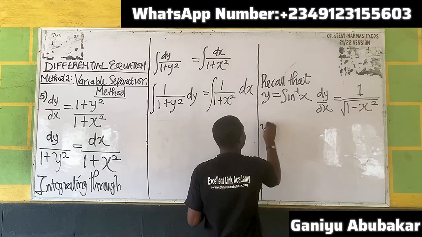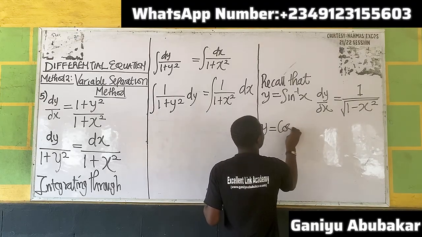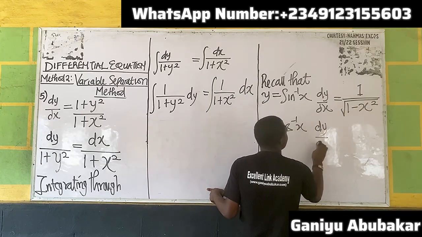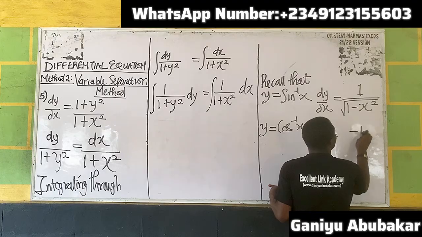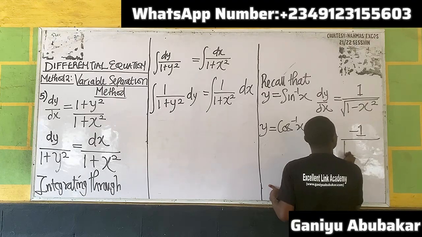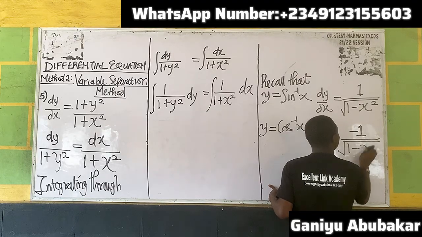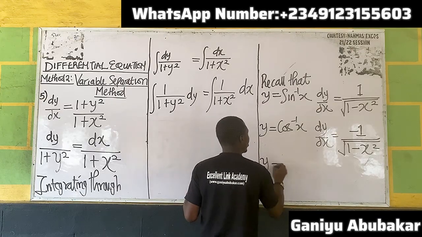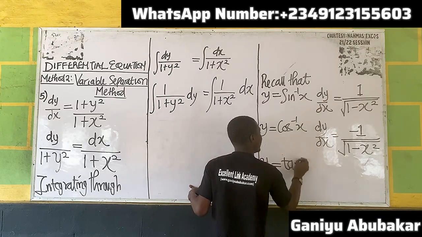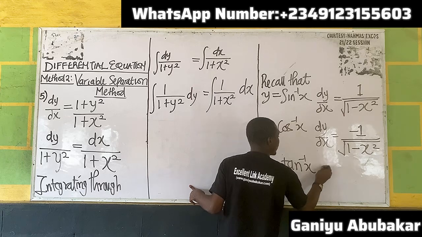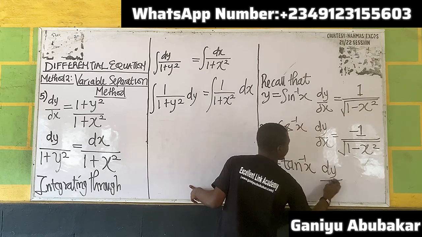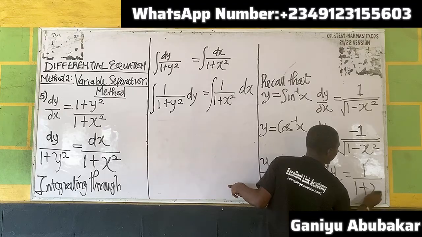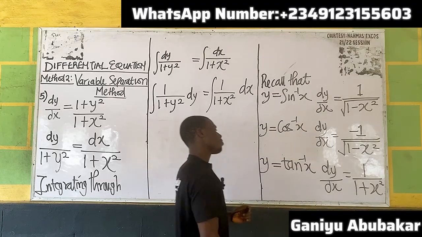Also, given that y is equal to cos inverse of x, dy over dx is equal to what there? Minus 1 all over root 1 minus x squared. Finally, if y is equal to tan inverse of x, dy over dx will be equal to what? 1 over 1 plus x squared.